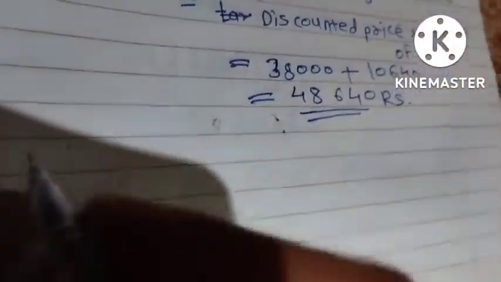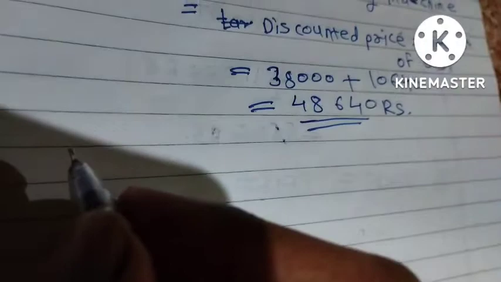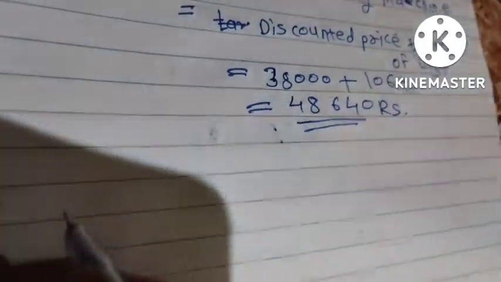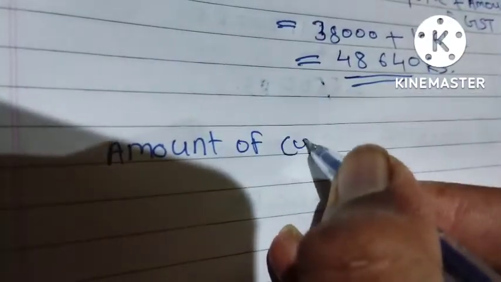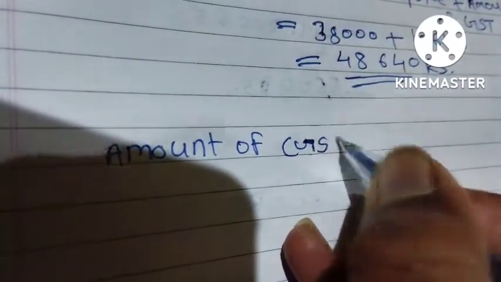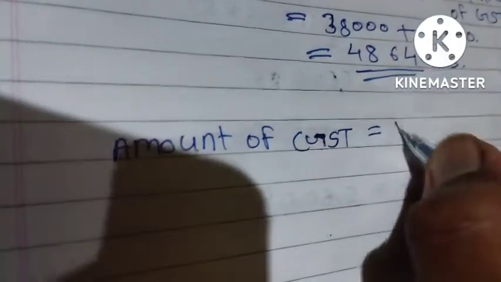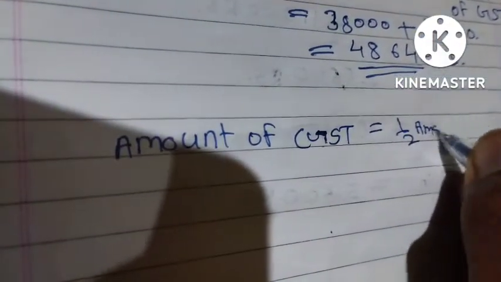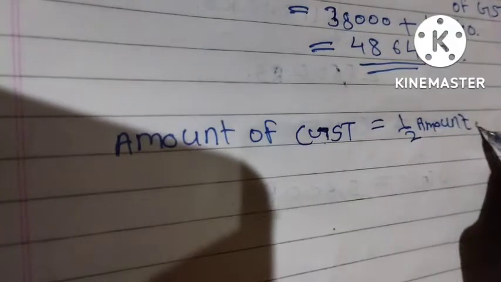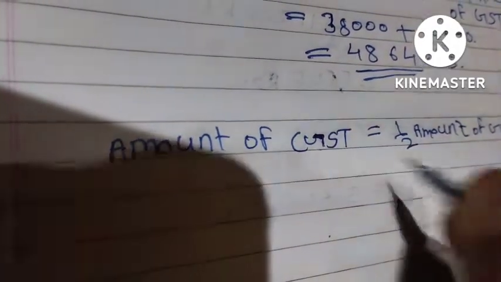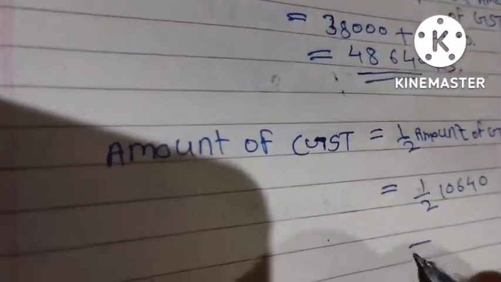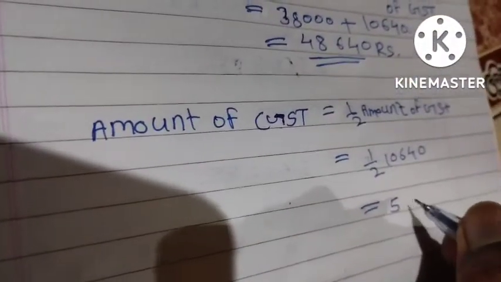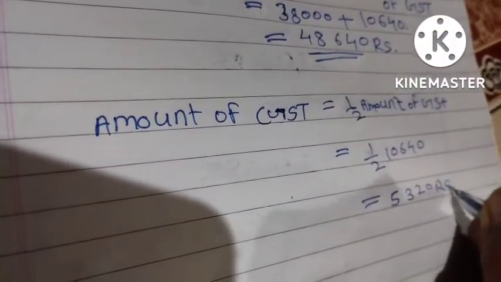We also have to find the amount of CGST and SGST. So the amount of CGST is equal to half of the amount of GST, half of 10,640 rupees. The answer will be 5,320 rupees.